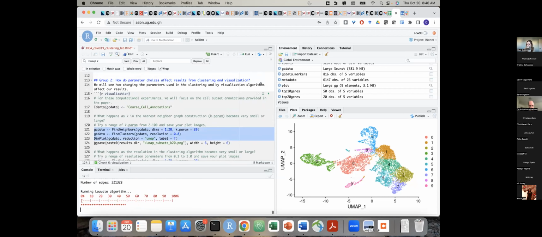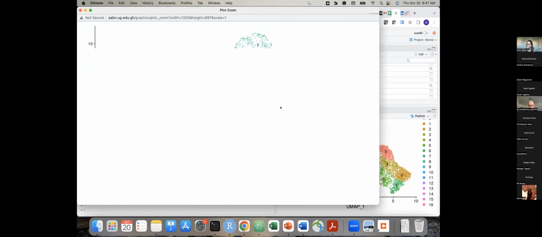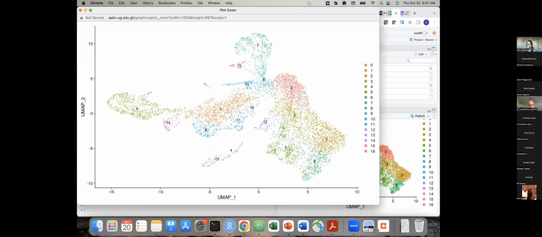Excuse me. Please, what is the essence or importance of the clusters? Okay, good question, Chica. The point of the clusters is that each of these clusters is probably going to represent some biologically informative cell subset in your data.